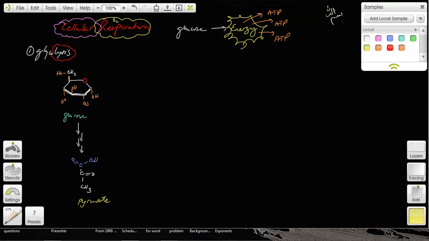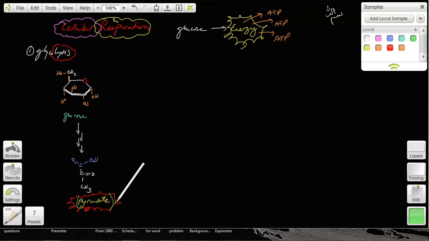Now, pyruvate is a very important and very versatile molecule. You'll see it a lot. You get to know it. Recognize that pyruvate is a 3-carbon molecule. So for every glucose, you're going to produce 2 pyruvates, meaning you're going to have 2 of these.